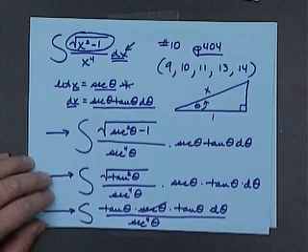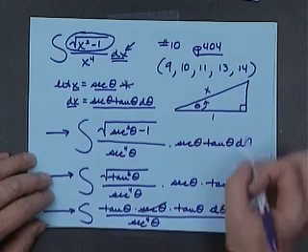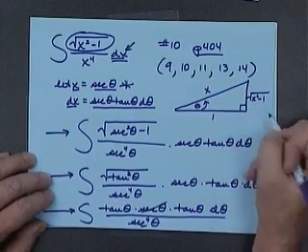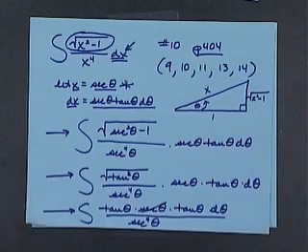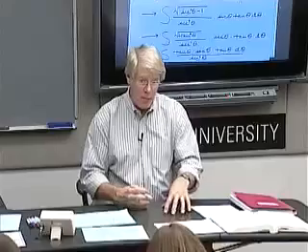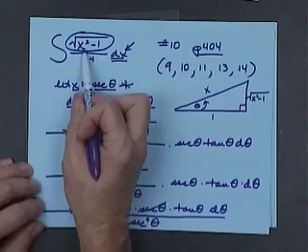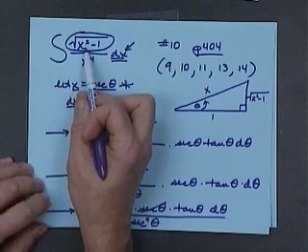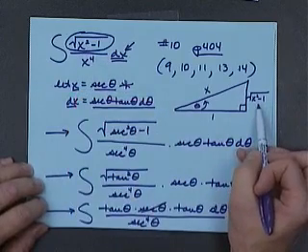What's the third? Square root of x squared minus 1. Now, how are you going to know that that is probably right? Because look at the radical you had in the original problem. It has a square root of x squared minus 1 in it. So that's probably correct.